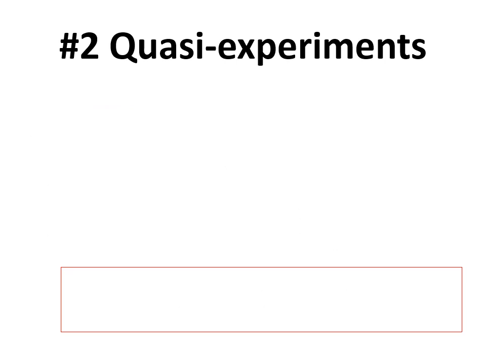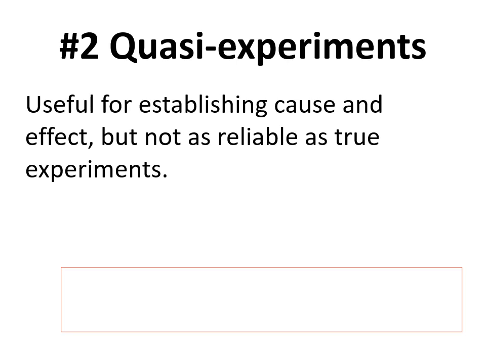So quasi-experiments are useful for establishing cause and effect, but because you're not controlling for all the possible variables that could cause a difference between your experimental group and your control group, they are not as reliable as true experiments.